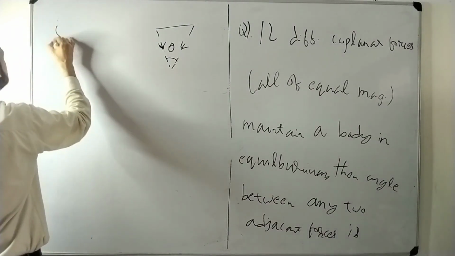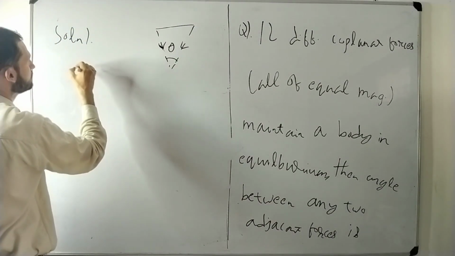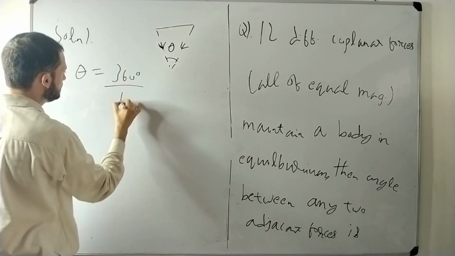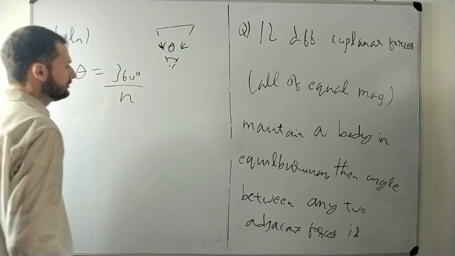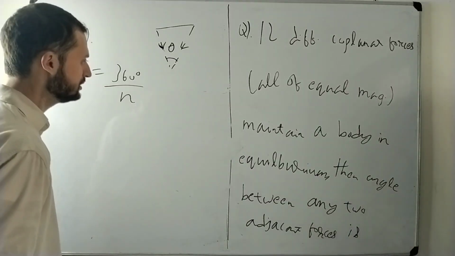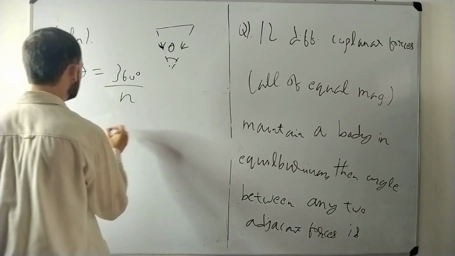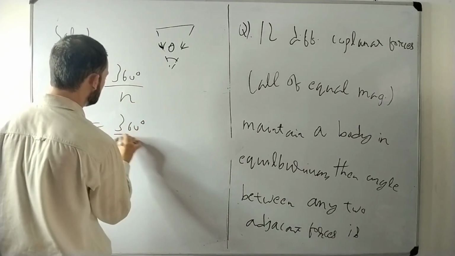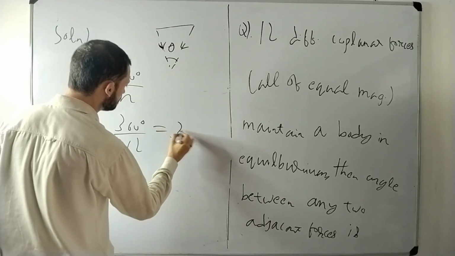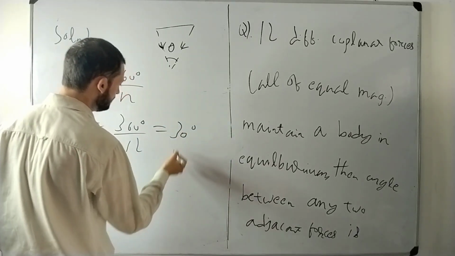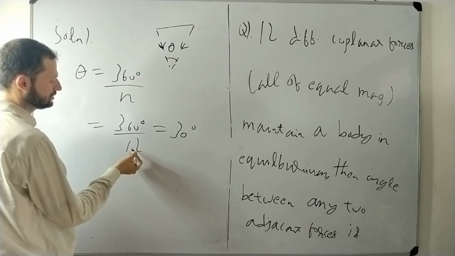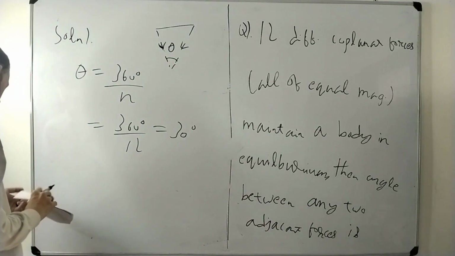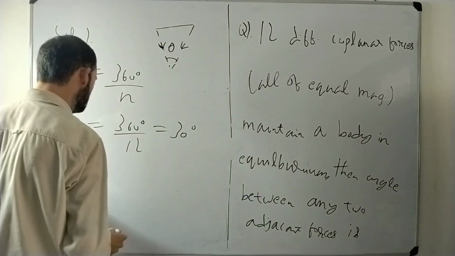So solution: theta happens to be 360 degree upon n for a polygon. 360 degree upon 12 comes out to be 30 degree. For 15 sided it would be 24, and likewise for 10 sided. Sorry, students.